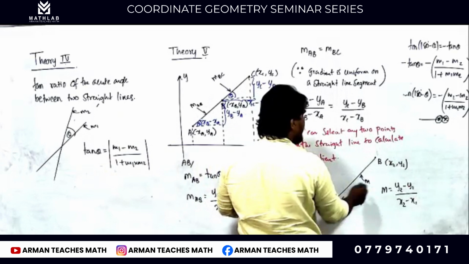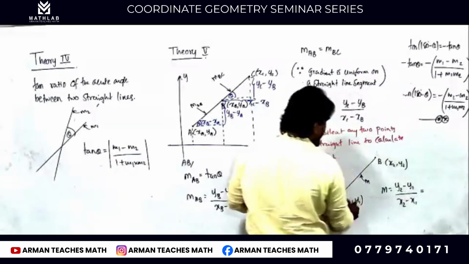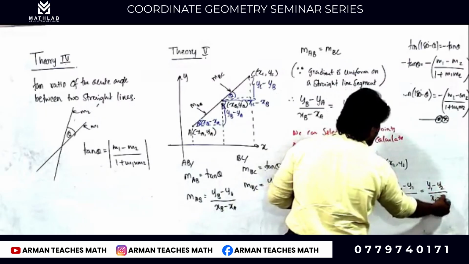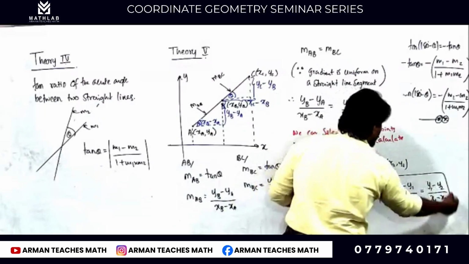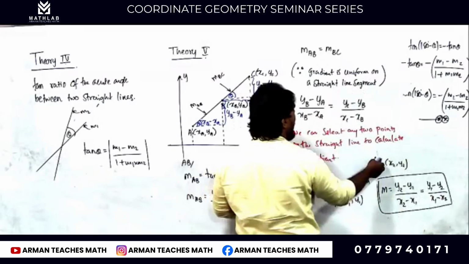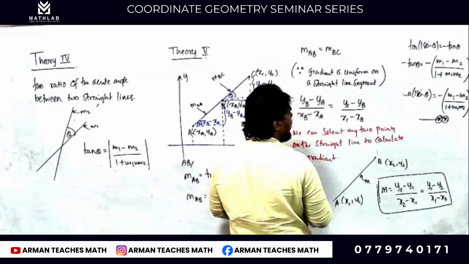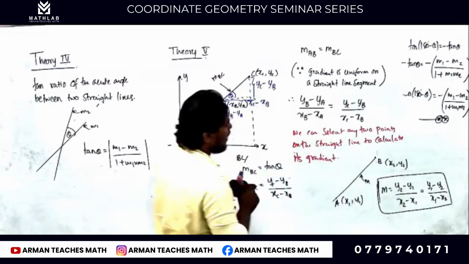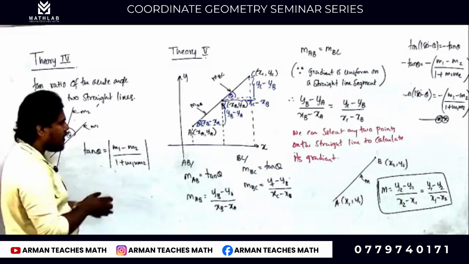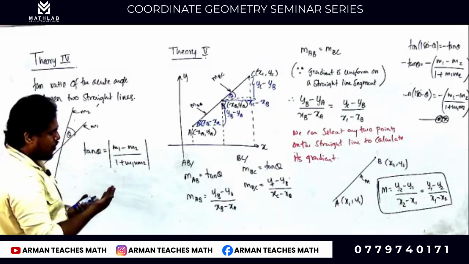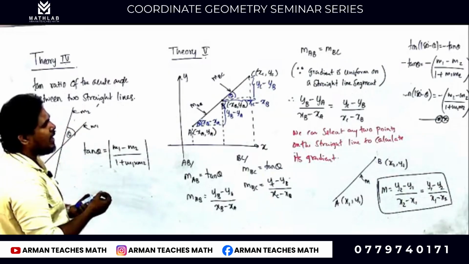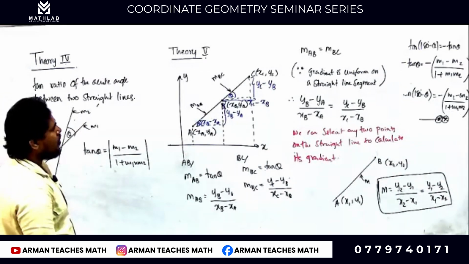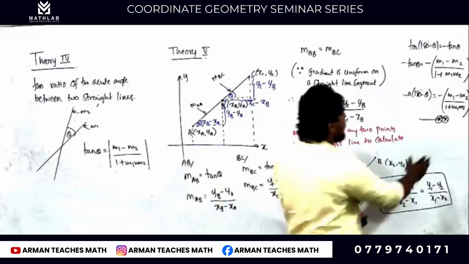But you can take it the other way around also: y1 minus y2 divided by x1 minus x2. There is no rule that the upper point should be the one that we have to prioritize. You can start from here as well. However, this is how we have to calculate the gradient: difference of the y coordinates divided by the difference of x coordinates. That is what in O level you memorize as delta y divided by delta x. Right? So this is just the difference of y coordinates divided by the difference of x coordinates.